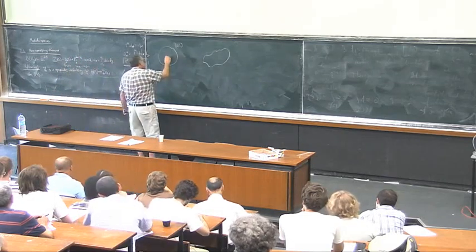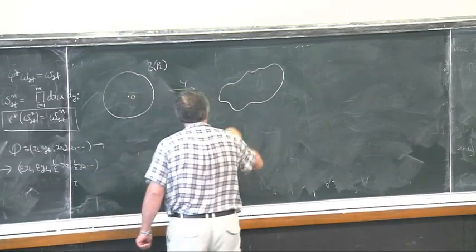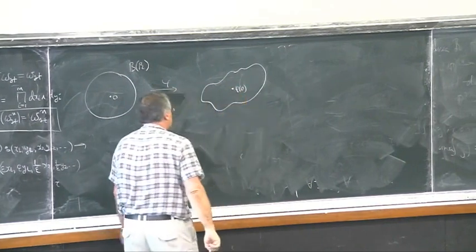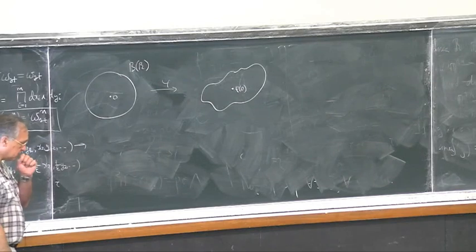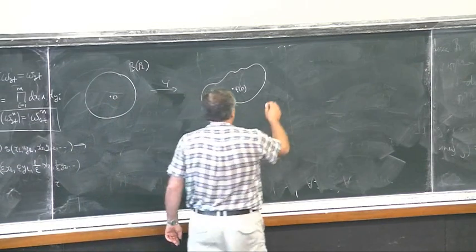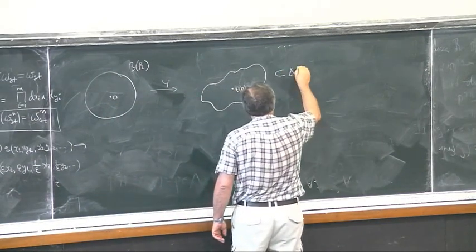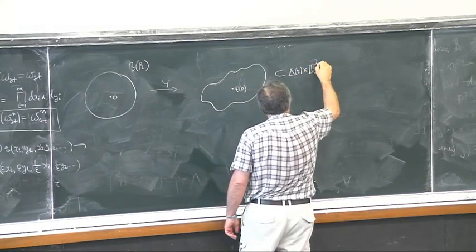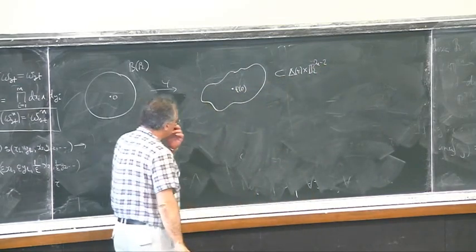If this is 0, you mark the image point by phi of 0. Now this thing lives in the product of a disk with R^(2n-2).